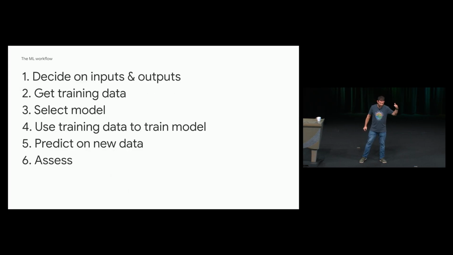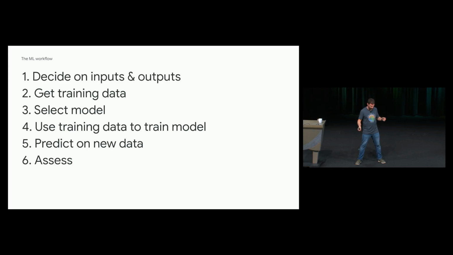Every machine learning workflow follows a set order, which is the following. First, you decide on your inputs and outputs. What's the answer that you want to get from the model? What's the data that you have to go into the model? Next, you gather a set of training data to feed into the model. You select a model architecture, an approach. There are a number of different approaches for training machine learning.